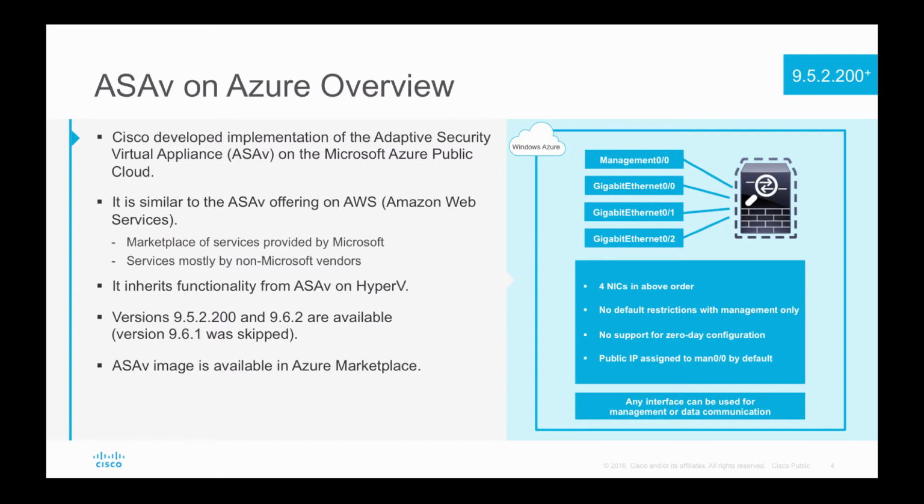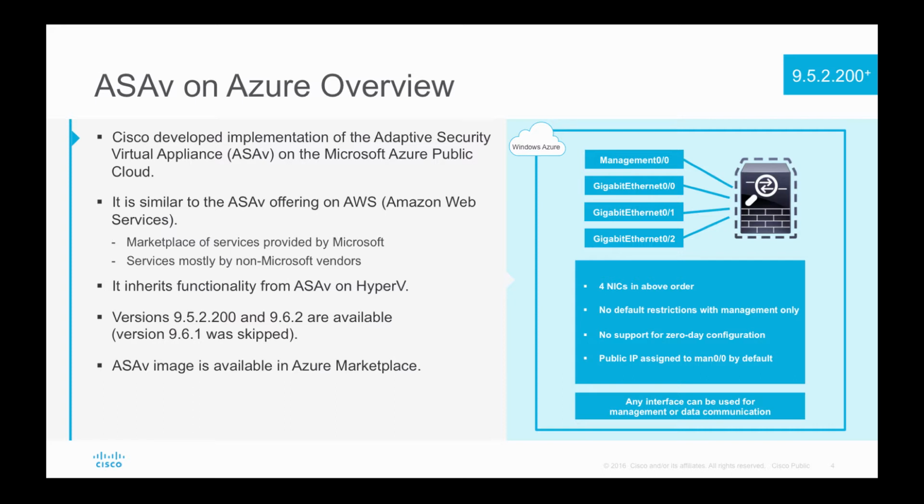When you spin up your ASAv, you will get 4 interfaces by default. The management 0/0 interface is the interface on which you will get a public IP address, and this interface is going to be used for management connectivity. Make sure that on the native security groups of Azure, you allow port 22 and 443 for management connectivity.